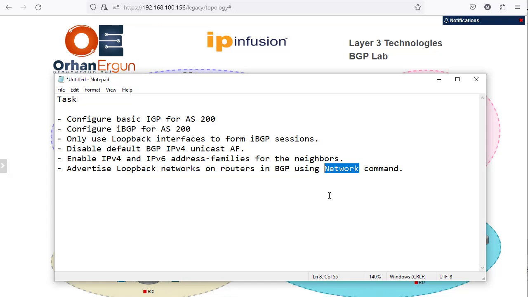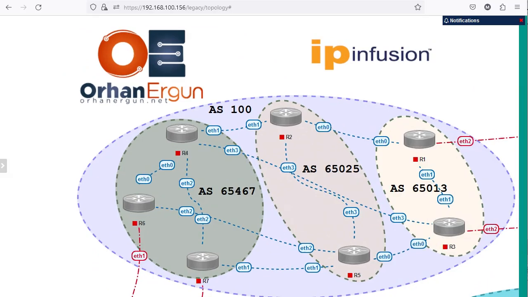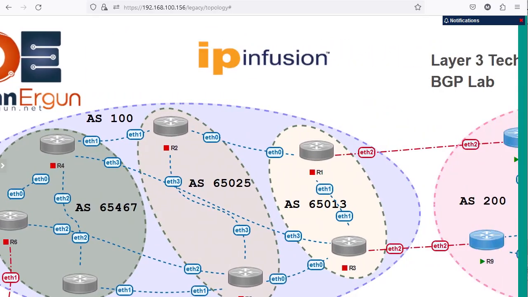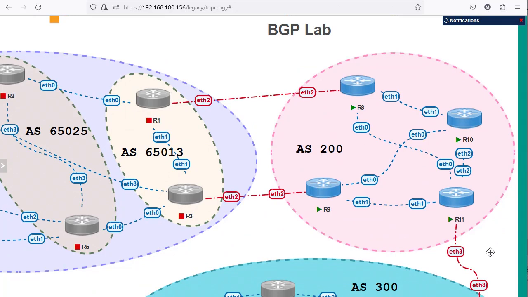Okay, now that we have this, let's take a look at the topology. In my topology there are different parts, different autonomous systems. For now AS200 is going to be of more interest for us, so I'm going to zoom into this a little bit. You can see that my routers are connected using different connections. Between some of the routers there is no connection, but that is not going to stop us from creating a full mesh adjacency.